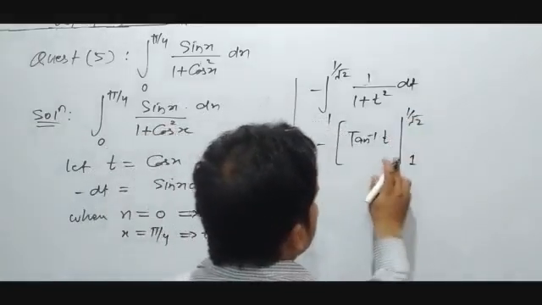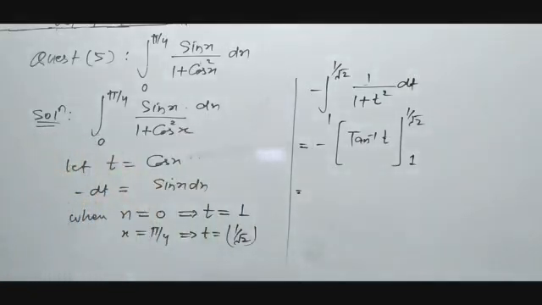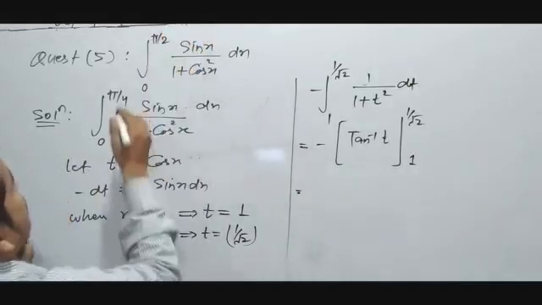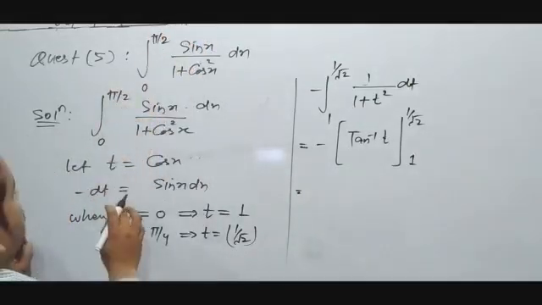There is one mistake, this is pi by 2. This is pi by 2, in question number 5 it is given.